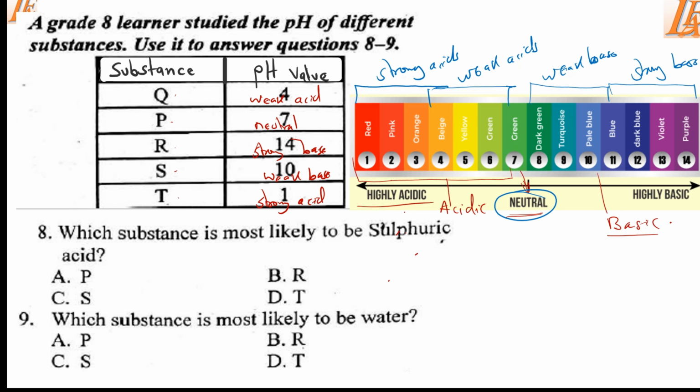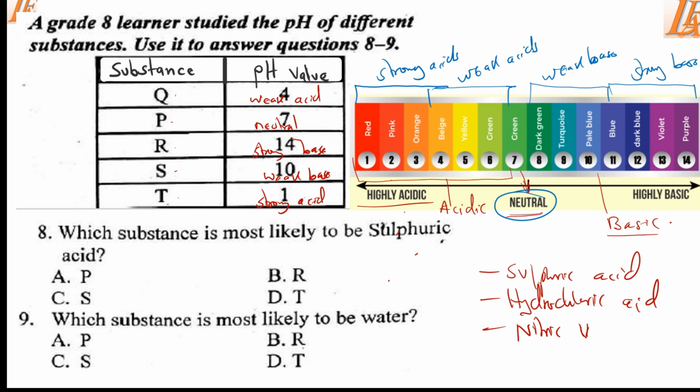Examples of strong acids that we have are sulfuric acid, hydrochloric acid, and nitric acid. So in this case, let's look at which substance is most likely to be sulfuric acid.